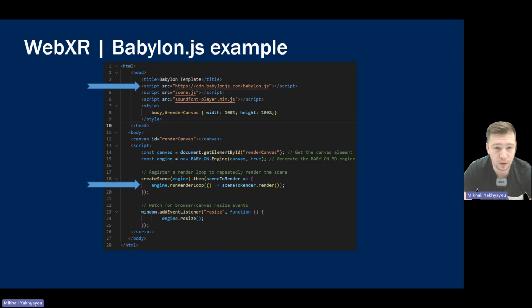Okay, so the Babylon.js code. You can see that this code snippet is nothing but plain HTML with JavaScript in it, and the first arrow points to the CDN Babylon.js library. The second arrow points to the script tag where JavaScript actually starts and renders each of the frames in the loop.